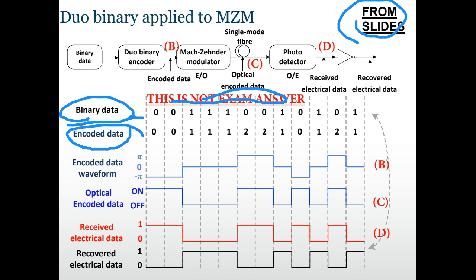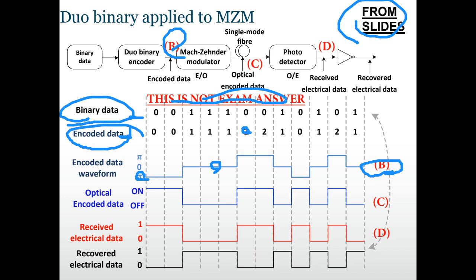And then you map them to the MZM's input. So this is B, point B in the exam question. So 0 is mapped to -pi, 1 is mapped to 0, and then 2 is mapped to pi.